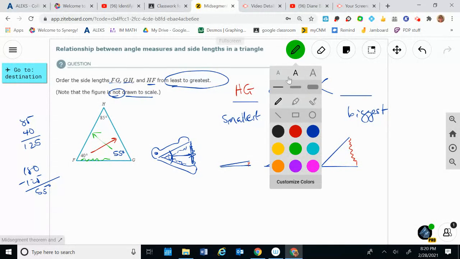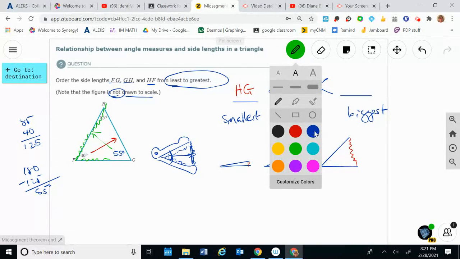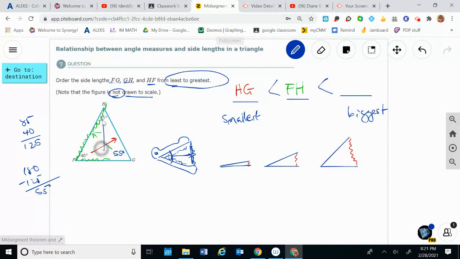And the last one is the largest, 85, so that side is going to be FG. Just think about it as a mouth opening and closing.